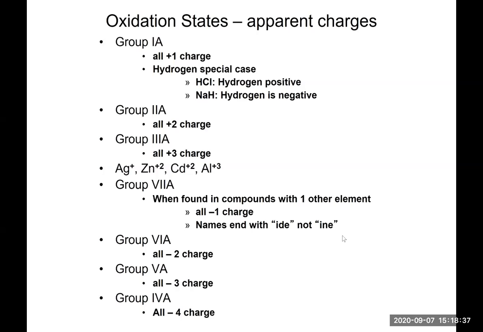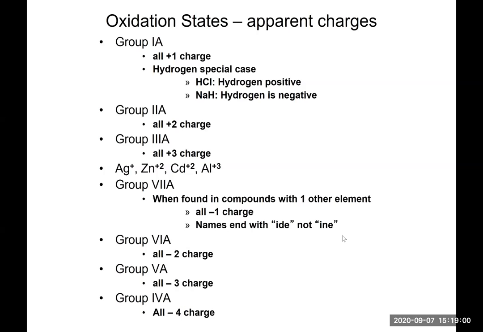If you see it written last in a chemical formula, like in NaH here, it is associated with a negative oxidation state. Group 2A, the alkaline earth metals, all have a +2 oxidation state. Group 3A all have a +3 oxidation state.